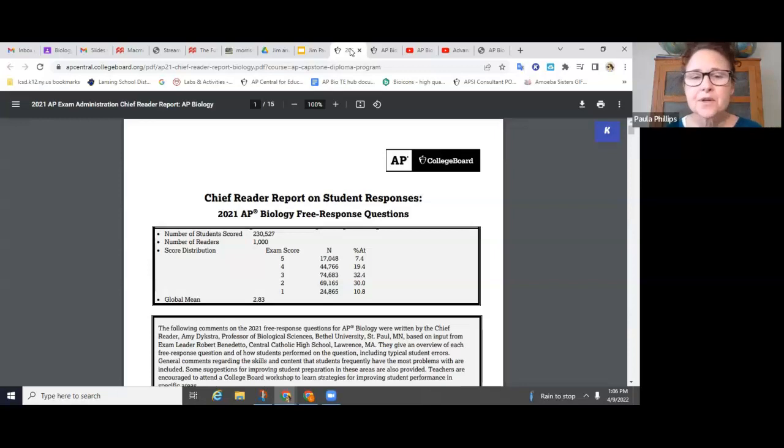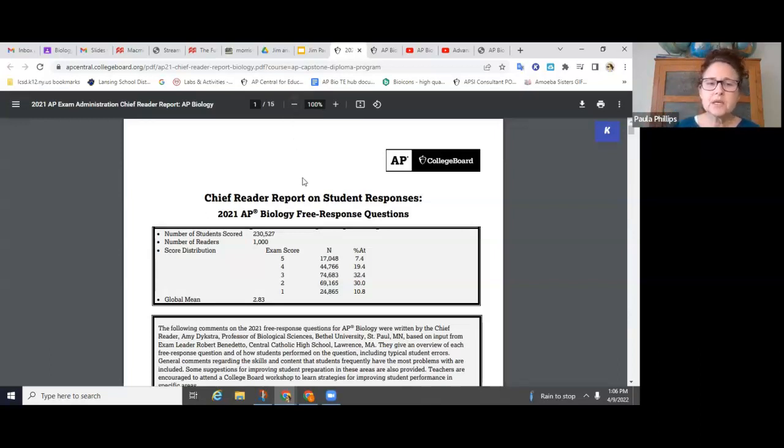That's right. The Chief Reader Report is released well after the students take the exam. This is after all the exams have been scored. Students have received their scores, and then this Chief Reader Report is released to the public. You can link to it through AP Classroom, but you can also link to it from the College Board's website.